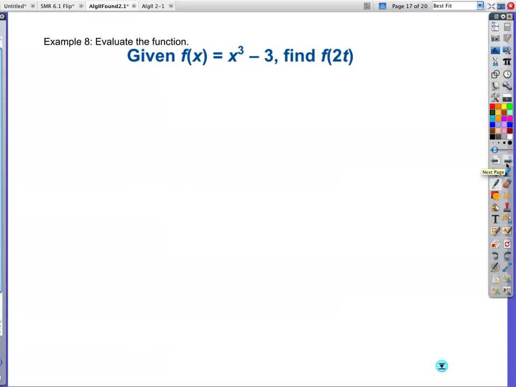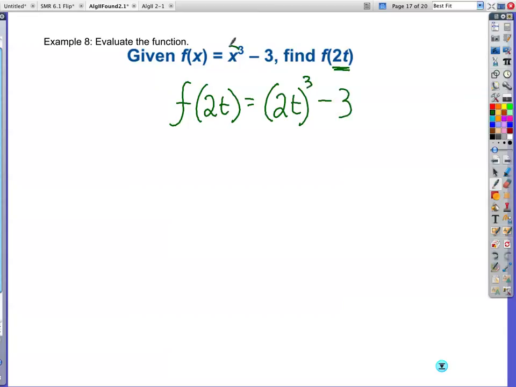Oh, this is different because now instead of substituting what we did last time, we're going to substitute in 2t. So I'm going to rewrite this. F of 2t equals 2t cubed minus 3. All that happened was what was here is now a 2t instead of x. I'm going to keep writing this out.